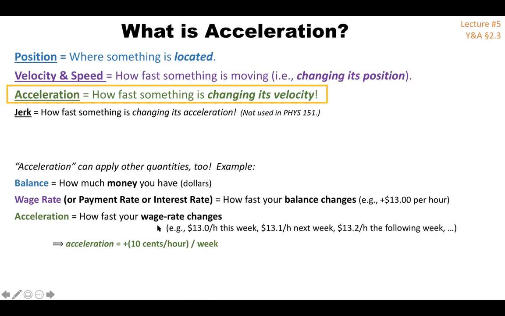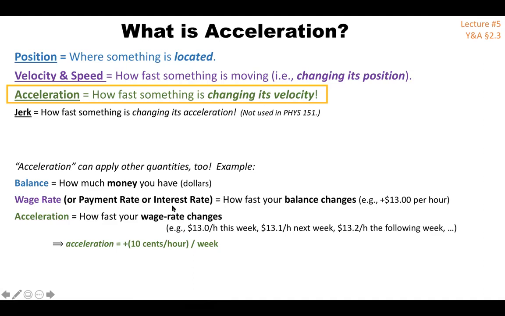In that case, you have a rate of change of a rate, and that would be an acceleration. And specifically, what would this acceleration be? It looks like you're gaining 10 cents an hour every week. So that would be your acceleration. 10 cents an hour a week.